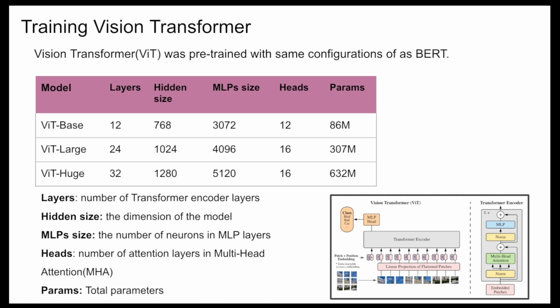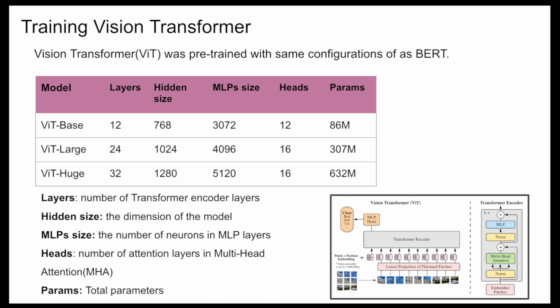When we say layers, we mean the number of transformer encoders. Hidden size is the dimension of the model. For ViT base, the hidden size was 768, for ViT large it was 1024, and for ViT huge it was 1280.